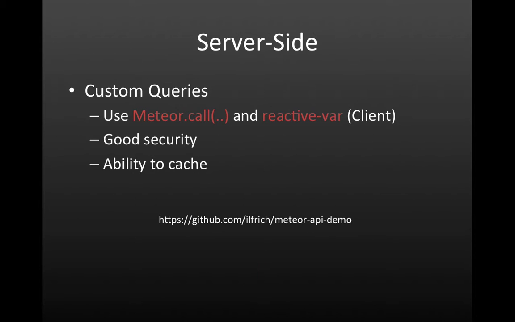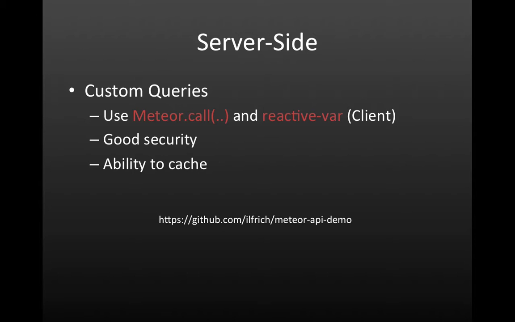On the other side, we have those custom queries, which basically operate similar to the client-side request, where you query an external service, although in this case we just query the Meteor server as our data source. And the server-side method can then handle any external communication.